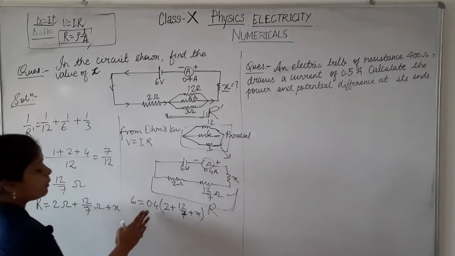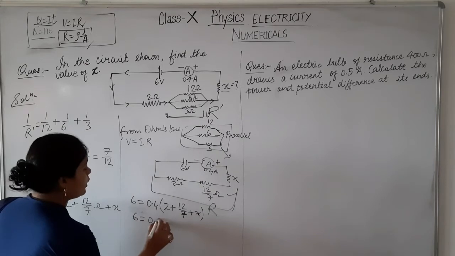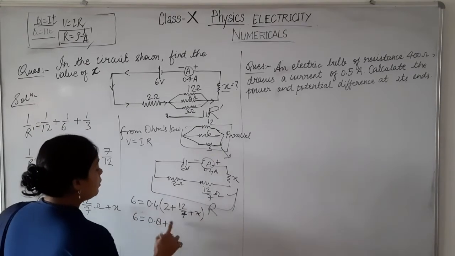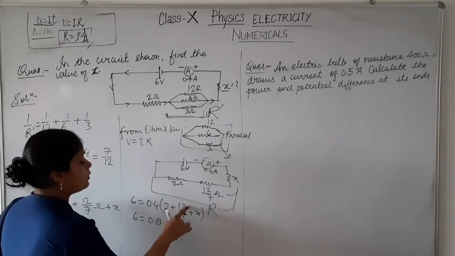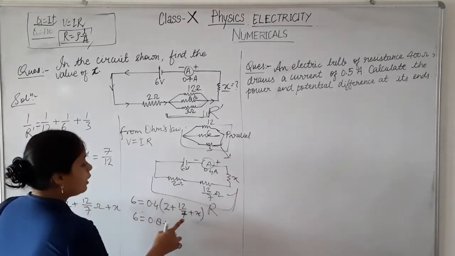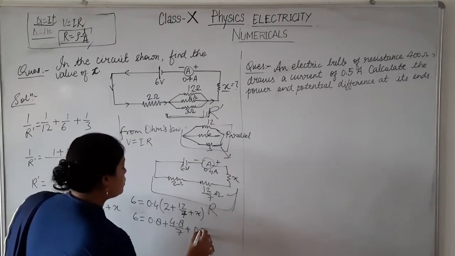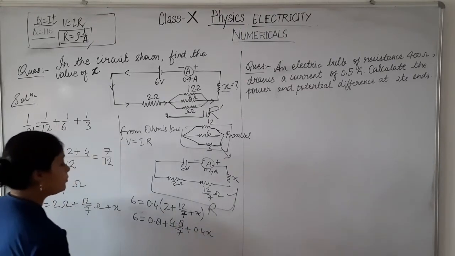Now if we multiply this inside, what will we get? 6 is equal to 0.8 plus 0.4 multiplied with 12 upon 7, which becomes 4.8 upon 7, plus 0.4x.